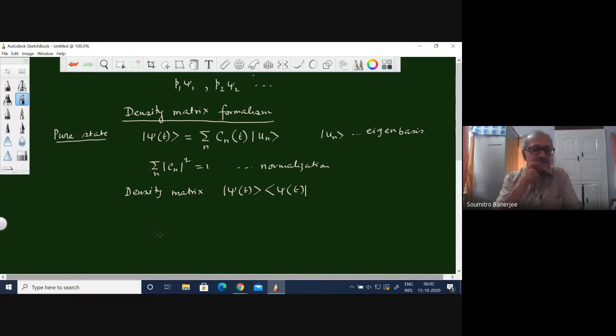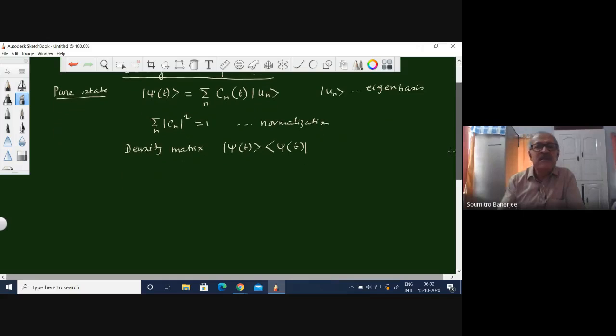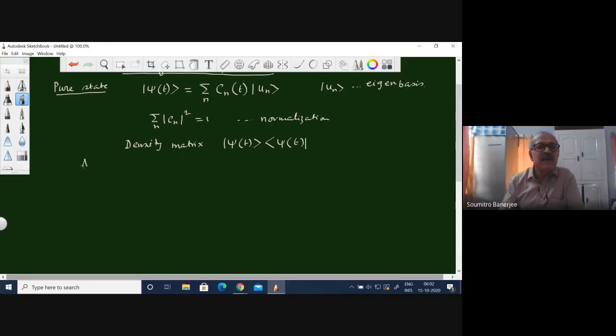So what are these? Firstly, consider A as an observable. So A operator is the operator. So we are trying to find out what is the A matrix. This is something that you have already learned.